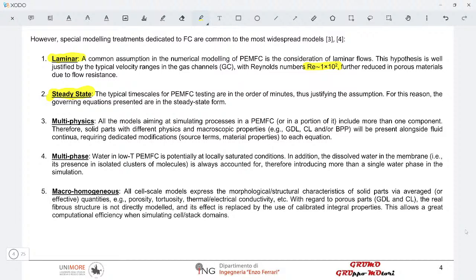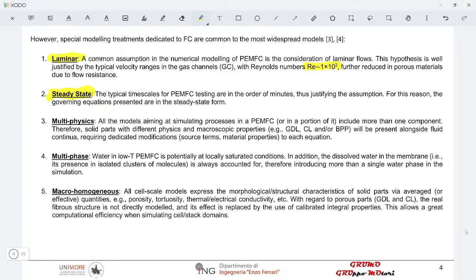But what we are saying here is that from the point of view of operating conditions of fuel cells, we have time scales in the order of minutes, or at least tenths of seconds. So if our goal is to describe the behavior of a fuel cell and of the fluid dynamics within, we can introduce the assumption of steady state flows.